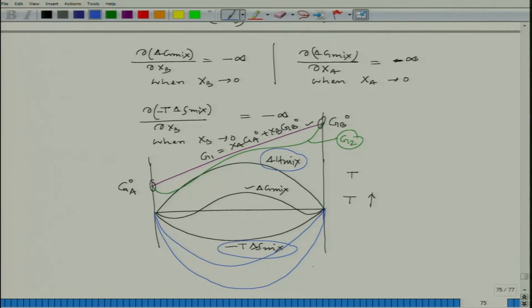At some point, let us say at temperature T3, ΔHmix would be less than minus TΔSmix at all concentrations.